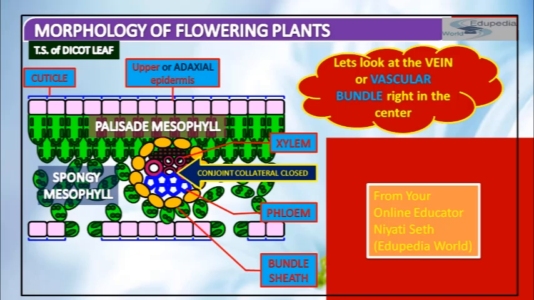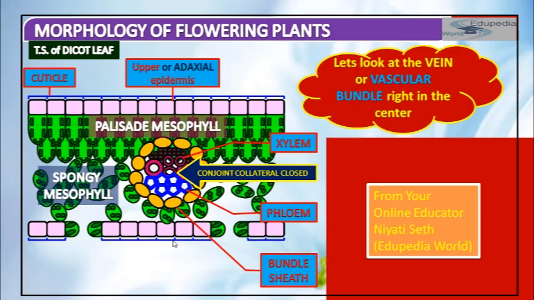So this was the anatomy of the TS of dicot leaf, where we have studied that it has two epidermis, one is this and second is this. The upper epidermis is known as adaxial epidermis, and this is known as abaxial epidermis.